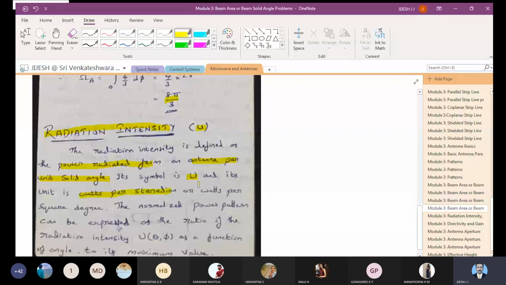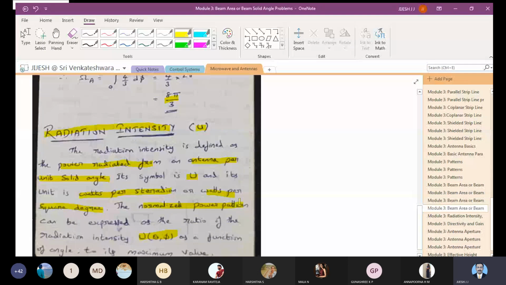And the normalized power pattern can be expressed as the ratio of the radiation intensity, that is U of theta phi. U is denoted as the radiation intensity, and it is a function of angles theta and phi, taken with respect to its maximum value. If you want to find the normalized power pattern, or normalized field pattern, whatever we do for the normalized case, it is done by dividing by its maximum value.